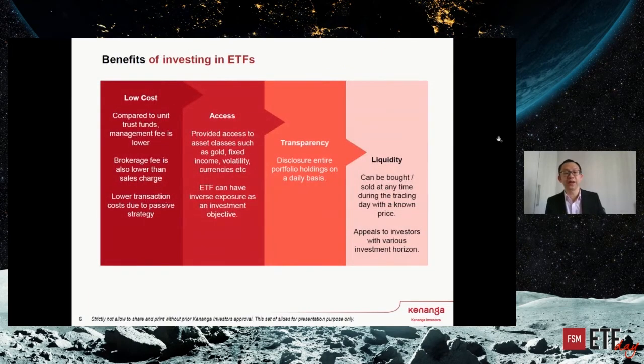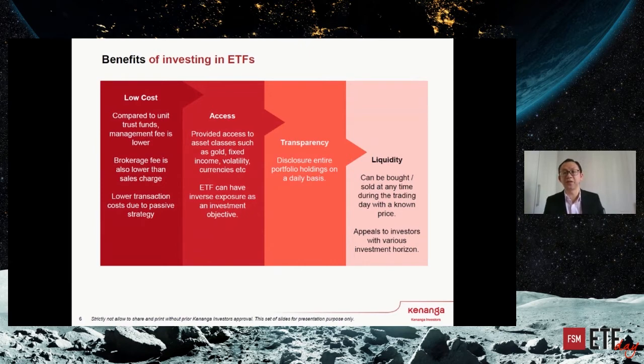So let me share a little bit on the benefits of buying ETF. As compared to what I have mentioned just now, the management fee is low for most asset classes in the unit trust or managed kind of fund. ETF is one of the cheapest in terms of management fee, and there is no sales charge. The second benefit is the access. The access is pretty simple.